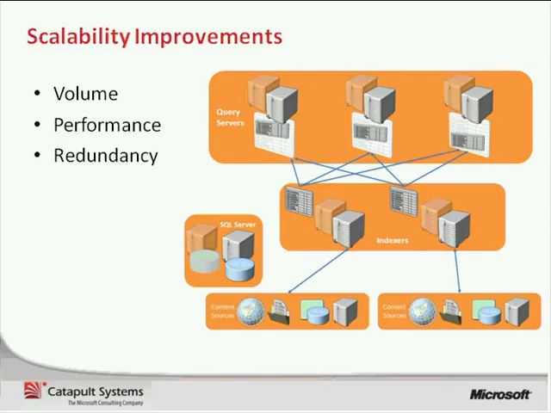The other thing to note about this slide is the variety of content sources that are shown at the bottom end of the slide. As you see, we can go out and search other websites, file stores, multiple database environments, as well as other applications that are available on the intranet or internet environment.